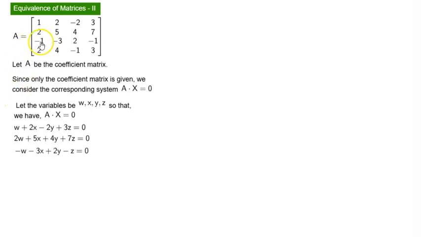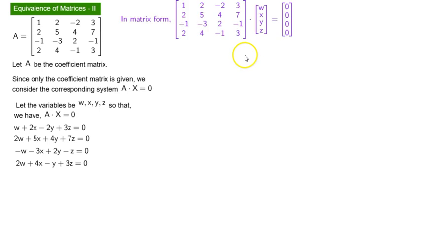Then we have minus w minus 3x plus 2y minus z equal to 0. And finally, 2w plus 4x minus y plus 3z equal to 0. Now, this system of equations is written in matrix form like this.